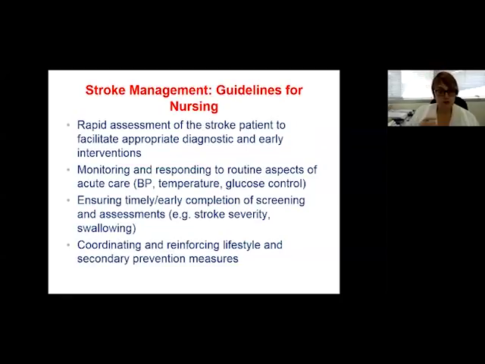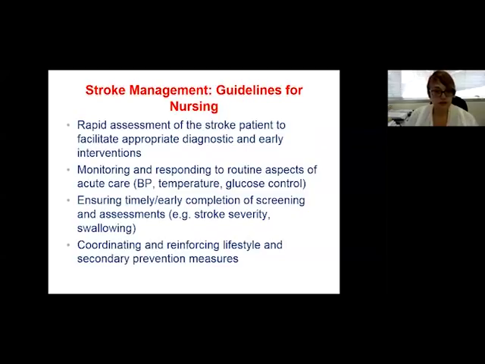So in stroke management, it's about rapid assessment, and by doing that, it facilitates appropriate diagnosis and then early intervention. And the most important part of nursing care is to monitor blood pressure, temperature, and blood sugar.